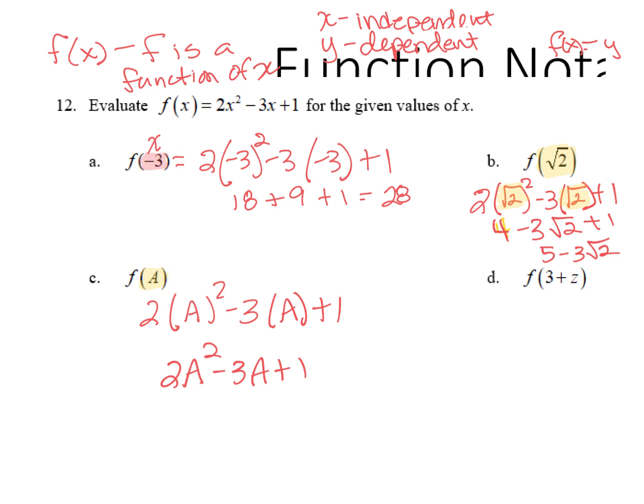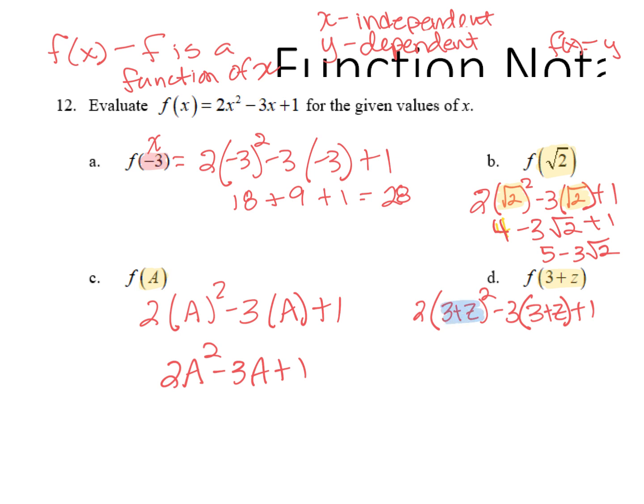So on this last one, f of 3 plus z, again, what's in here is actually my x. So that means it's 2 times 3 plus z squared minus 3 times 3 plus z plus 1. And so I'm going to need to square this before I start simplifying.